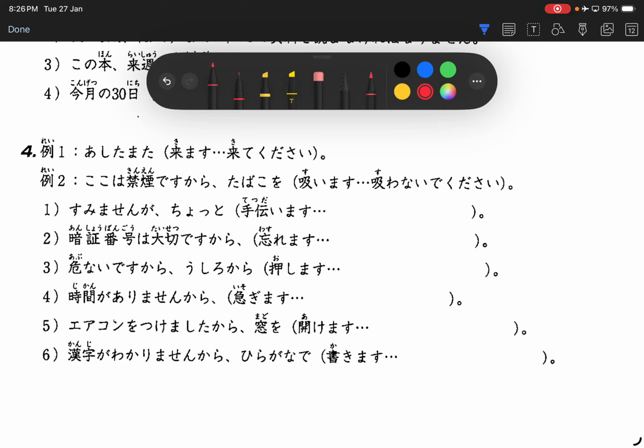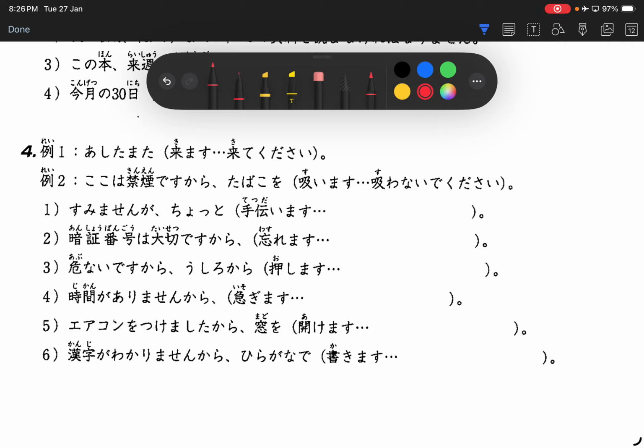Number 2. 暗証番号は大切ですから、忘れないでください。Very nice. If we say 忘れないでくれ, it means please don't go and forget, 不要给我忘记.